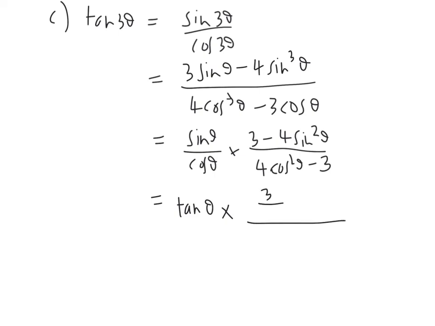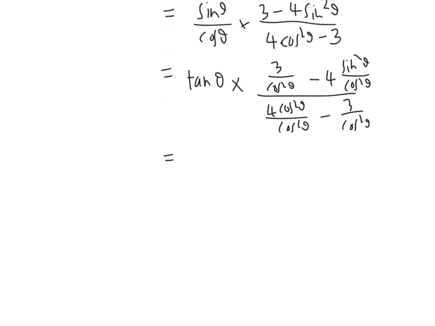You would end up with 3. I'm dividing everything here by cos squared theta. Sine squared, I'll just spell it out first of all so you can see what's going on. Okay, so why did I do that?